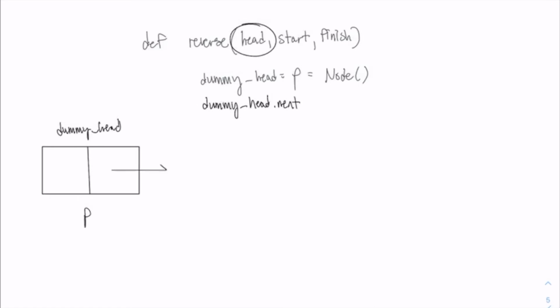So the arrow pointing from the dummy head's second block to a new block, and this is going to be equal to p dot next, and p dot next is this, and both of these are equal to head. So what we can do now is, with this newly created second block, let me make this a little bit neater.